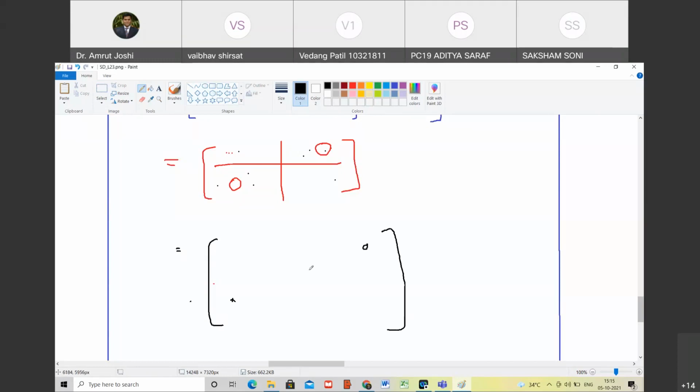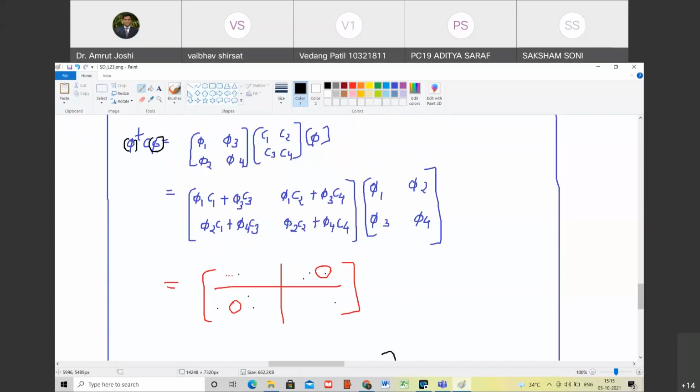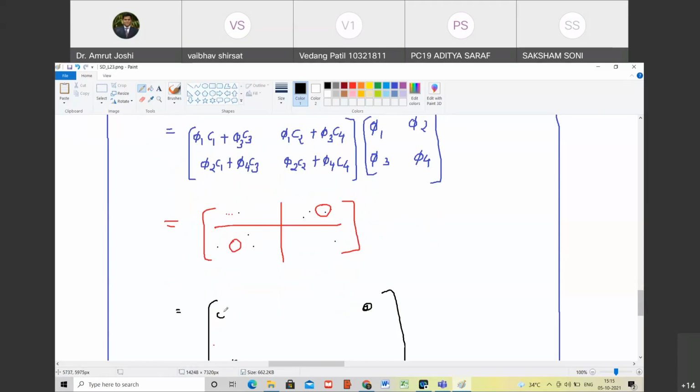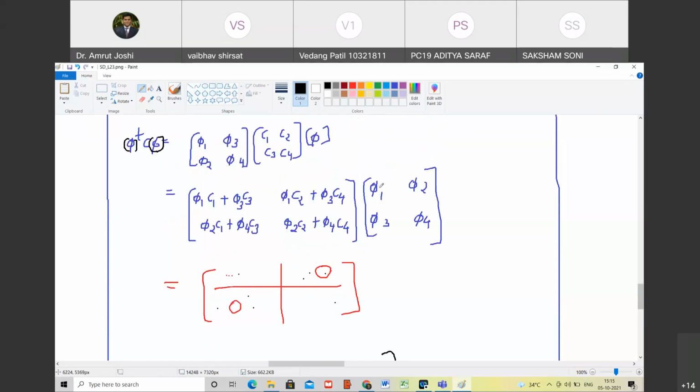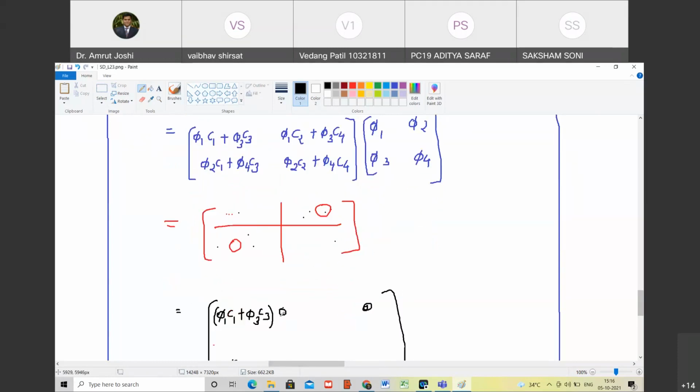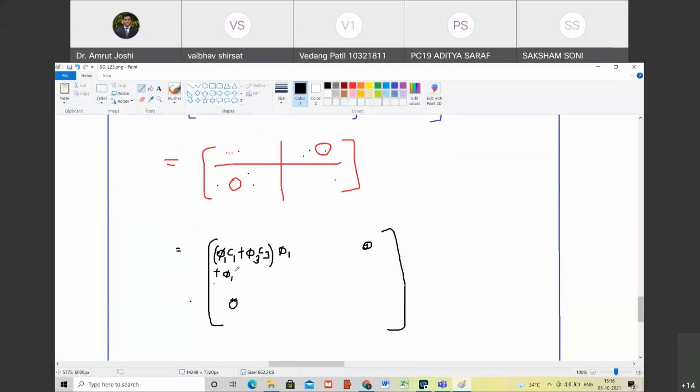So this is going to be 0, 0. And what is the first element? It is going to be phi 1 C1, phi 1 C1 plus phi 3 C3 into phi 1, happy, plus phi 1 C2 plus phi 4 C4, phi 4 C4, happy.